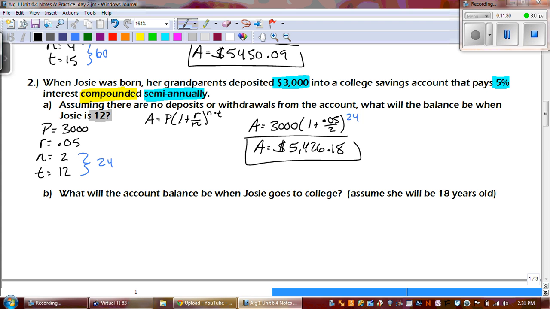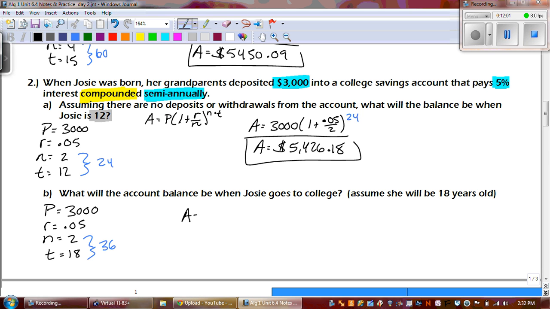But she doesn't need that money when she's 12. She needs it when she's 18, when she's going to college. So how much will it be then? Well, let's find out. The principal is still 3,000. The rate is still 0.05. n is 2, except now the time is 18. Okay, and 2 times 18 is 36.